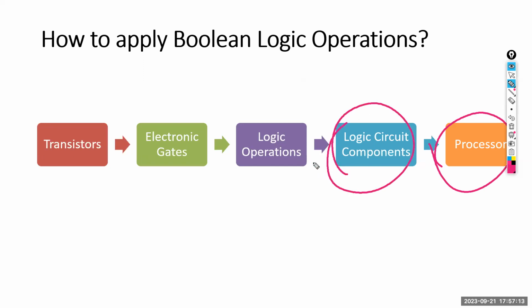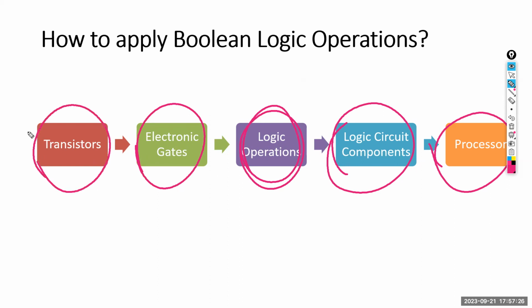We will look at some of those later. Those are capable of doing logic operations, and we call them logic gates. Those logic gates are made of electronic gates, and modern electronic gates are made of transistors. We will look at that in more detail when we do digital logic and digital circuits.